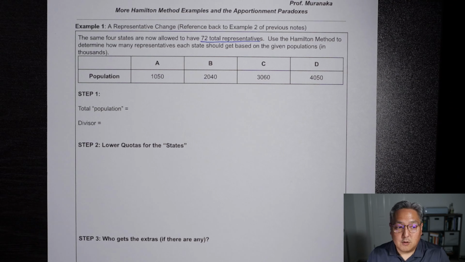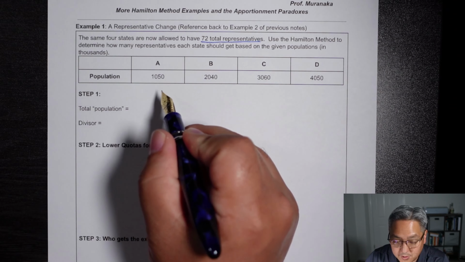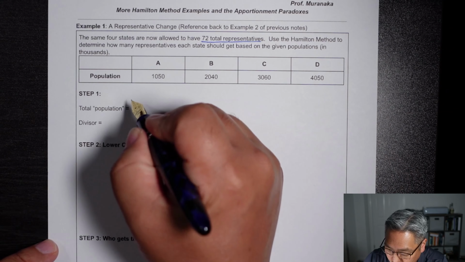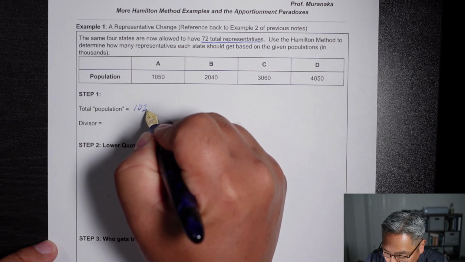I'm going to run through this real quickly because it's the Hamilton method, and we're just going to keep doing it to see if other insight comes from it. When we find the total population, we add up our 4 state populations and get 10,200.